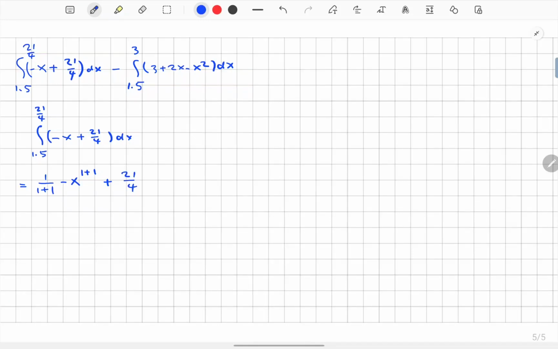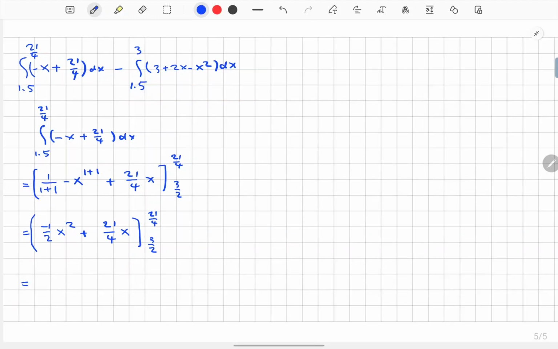So this becomes 21/4 x. And we will evaluate it from 1.5 or 3/2 to 21/4. After simplifying this, we get negative 1/2 x squared plus 21/4 x from 3/2 to 21/4.